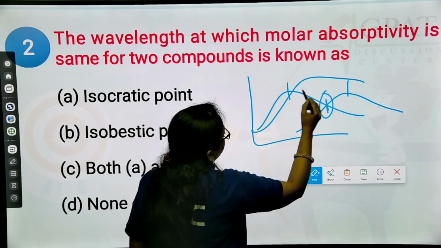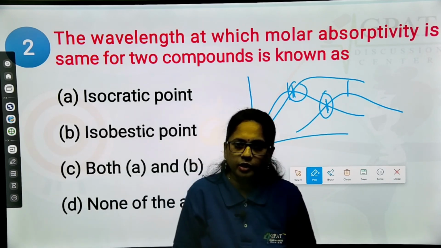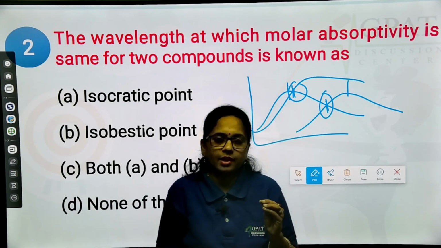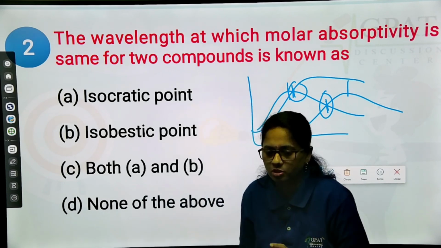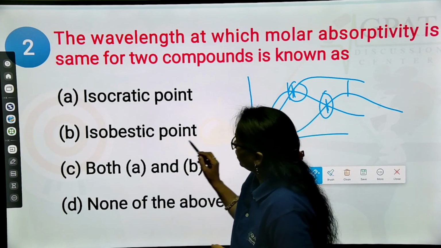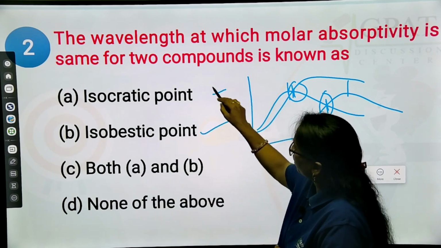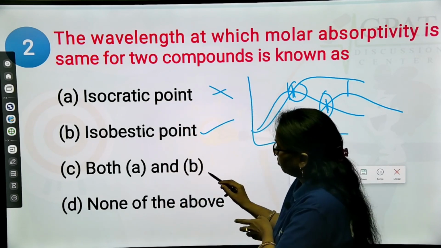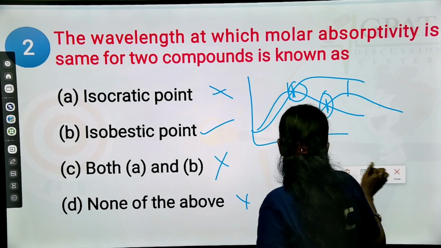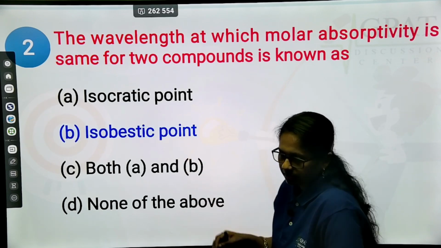It is not always the same way, but the point at which both drugs can be calculated with high accuracy and precision is the one taken, and that is generally called the isosbestic point. The options are isocratic point, no; isocratic mode, that is related to chromatography; both A and B, never; none of the above. So obviously option B is the right answer.